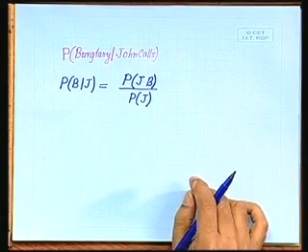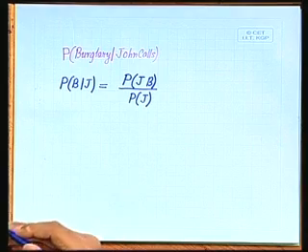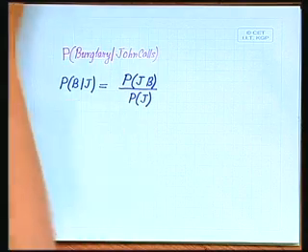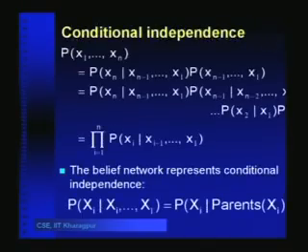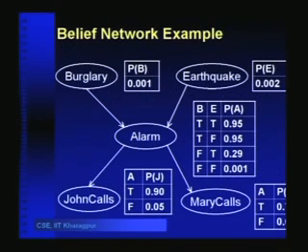Right. Now, let us see why we are doing this. If we go back to the belief network, then you will see that according to this belief network, John calls is actually an indirect effect of the burglary, because if the burglary takes place, then the alarm may go off and then John calls may happen.